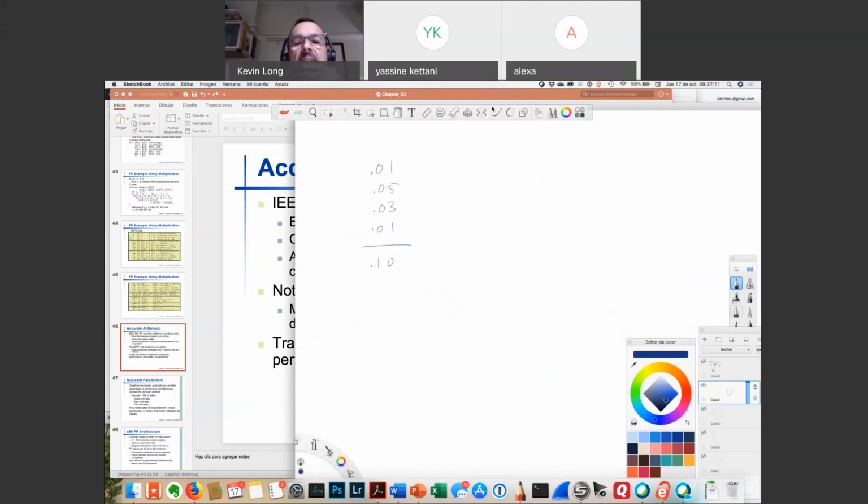But what if in fact the real values were 0.014, 0.054, 0.034, and 0.014? What does this add up to? Right, so this is going to be 5, 6, 7, 8, 9, 10, 11 cents. And then if the bank is willing to round up for you again, it's an extra penny. Well, that depends on whether you owe them money or they owe you money, doesn't it? So it's certainly not a dime.